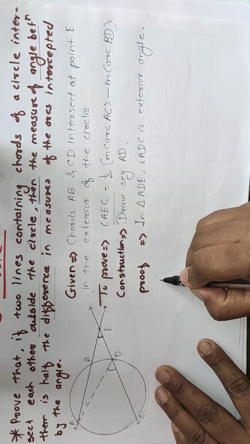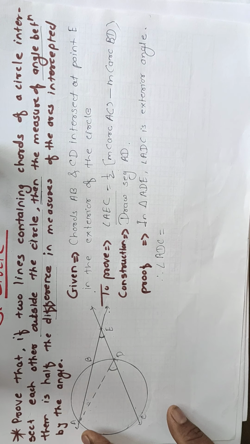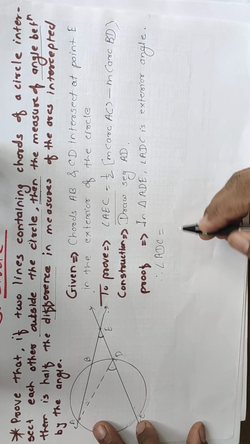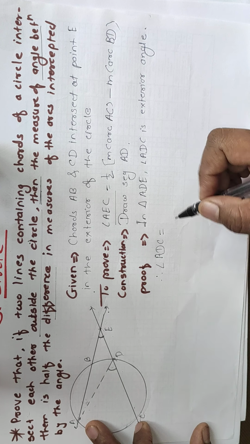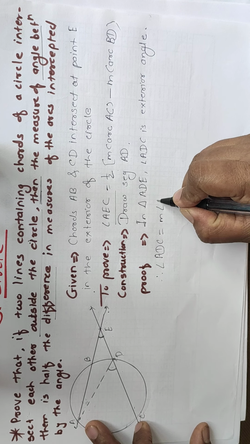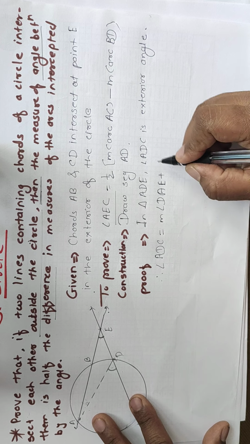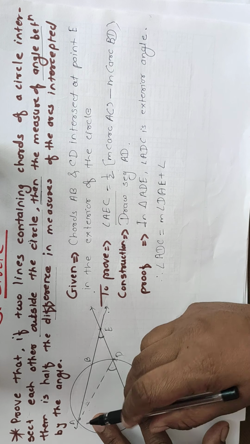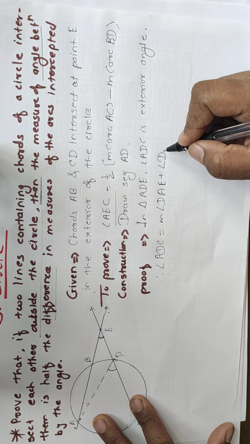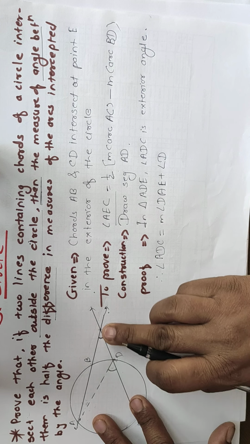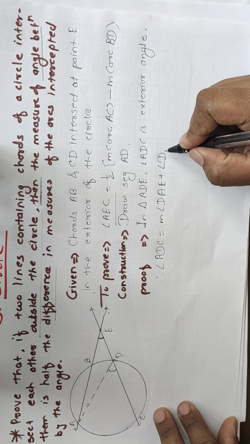So write here angle ADC is equal to the measure of angle DAE plus angle DEA, or AED.